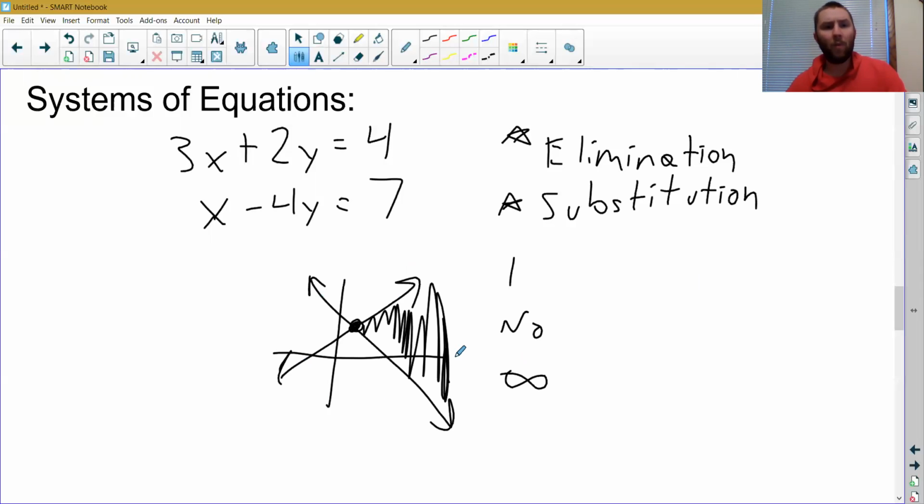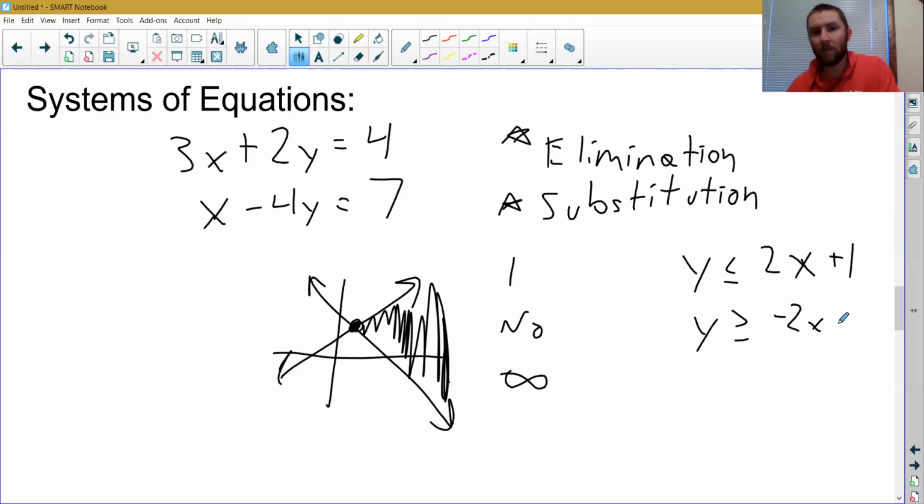So basically these symbols change to inequality symbols. y is less than or equal to 2x plus 1, and y is greater than or equal to, let's say, negative 2x plus 4, right? So these inequalities could be graphed onto a coordinate grid. And remember, each one had this side of the line works, this side of the line doesn't. Where they overlapped is where we shaded, okay? So that was chapter 6.